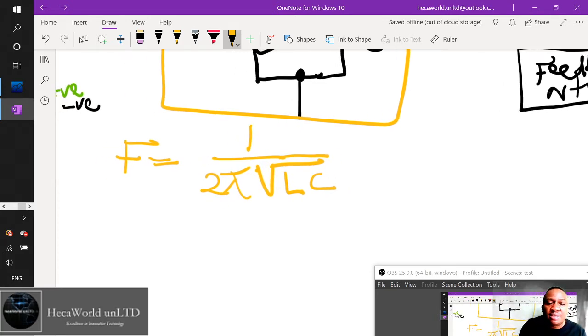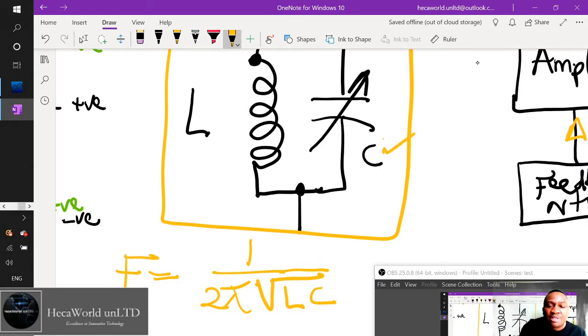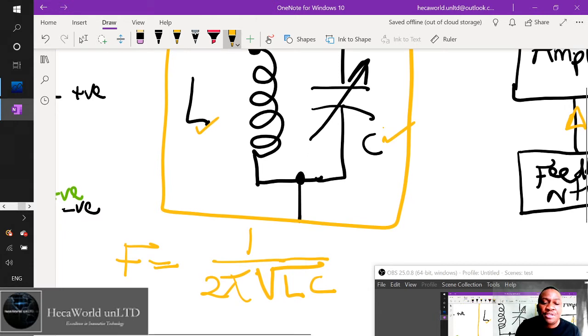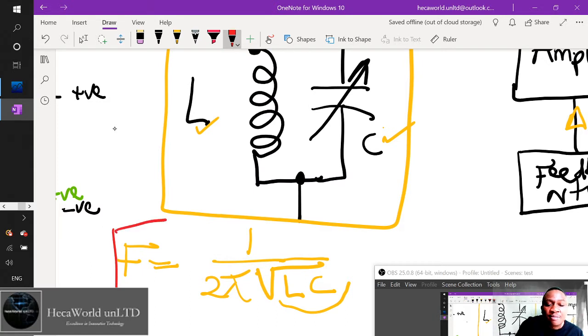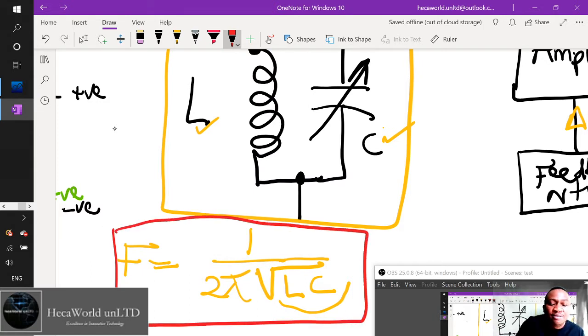The L and the C are these components here. So when you ask me a question of what's the value of my C or the value of my L, it is more of what is the value of the combined components. It's not about the L or the C. You can make a different L and make an equivalent C such that the circuit will respond to this formula. As long as this formula is observed, you are okay.